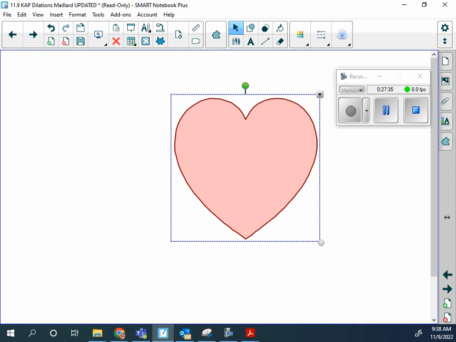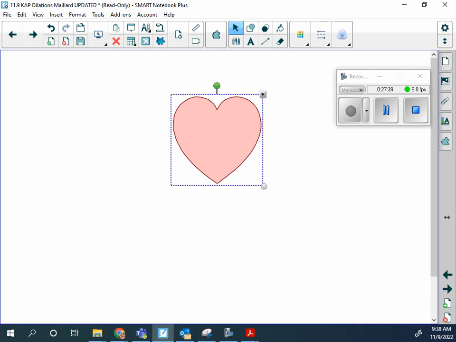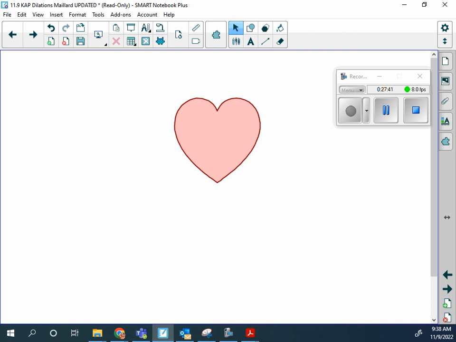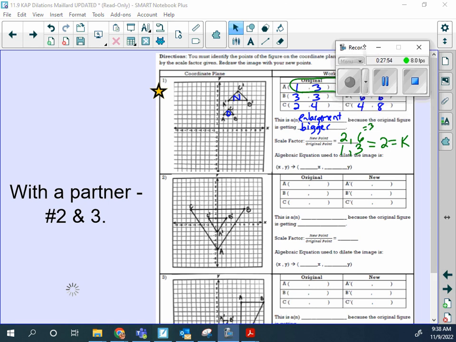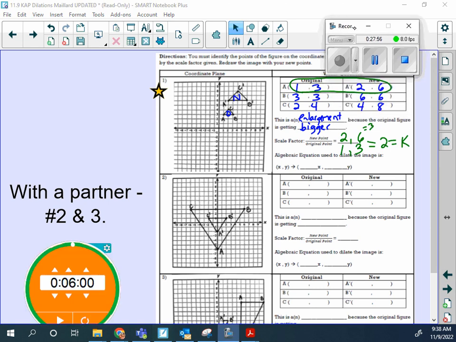A similar figure. You have to grow it or shrink the length and the width at the same rate. Yes? You do that all the time with photos, yes? Because what happens if you don't? It gets distorted, and now you have a similar figure? No. You see what I mean? So that's why both of these points have to move at the same rate. Otherwise, you just don't have a similar figure.